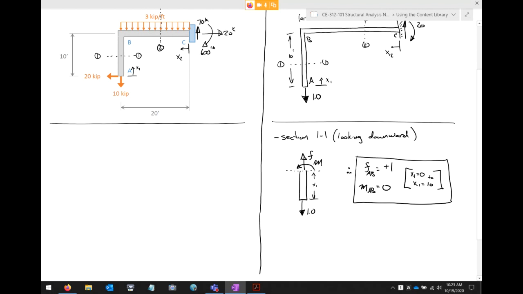Now, I'm going to do a similar analysis over here. So now let's look at section 1-1, looking downward. And I'm going to make a point about this. And some of you probably could already guess the point I'm going to make.